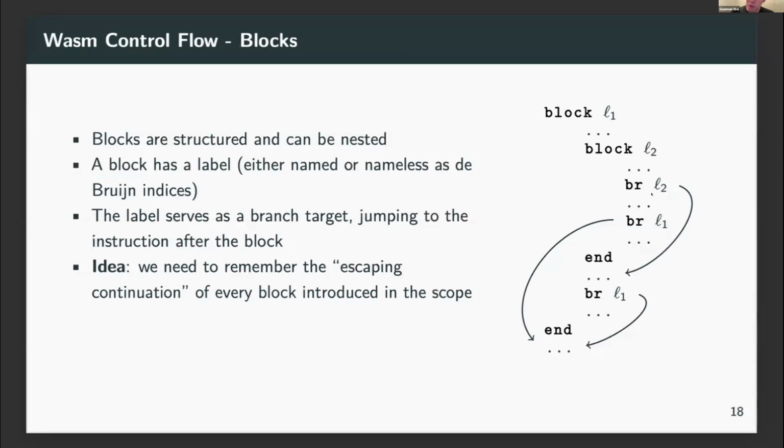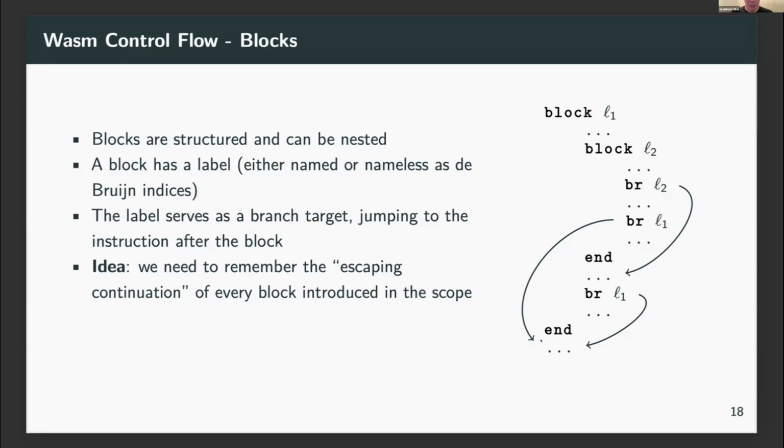Okay, so for BR L2, we're jumping to the instruction after L2. And for BR L1, we're jumping back to the instruction right at L1. So the idea is when entering the block L1, we need to remember the escaping continuation, which is the instruction after the block.